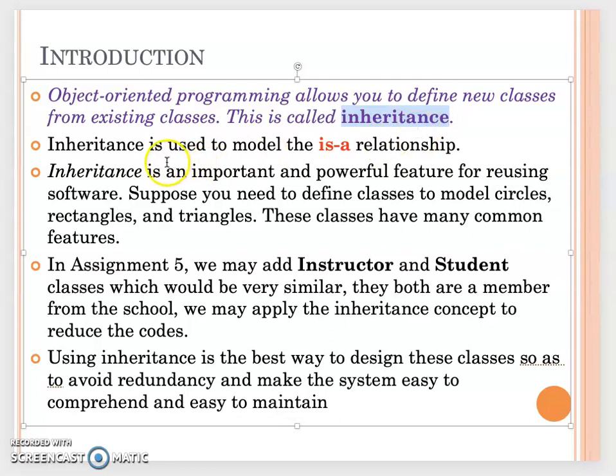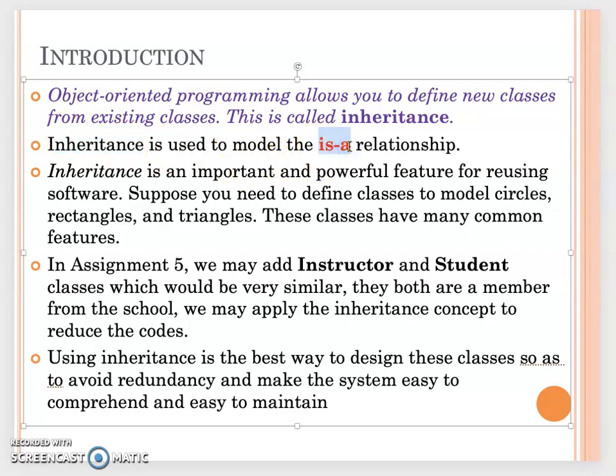And the inheritance relationship is an "is a" relationship. Did you see that it's a little different? Last week, when we talked about composition and aggregation, we talked about the "has a" relationship. But now, when we talk about inheritance, you need to think about those 2 classes as modeling an "is a" relationship.